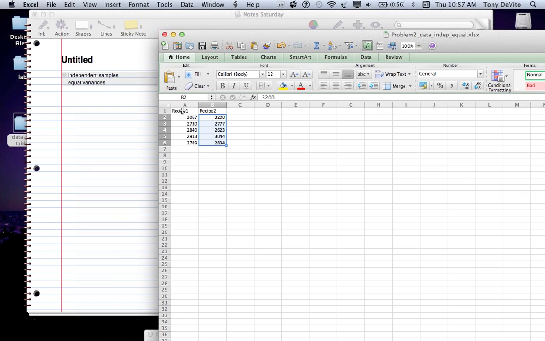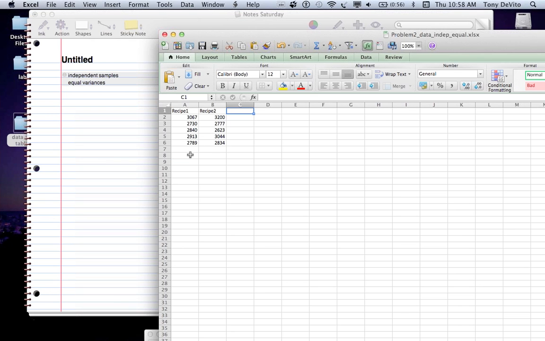We're comparing the calorie count from two recipes as they're prepared by a restaurant, because they're not always the same. There's some variability in how a particular restaurant makes it. We're comparing whether the mean calorie count is the same or different in these two groups.